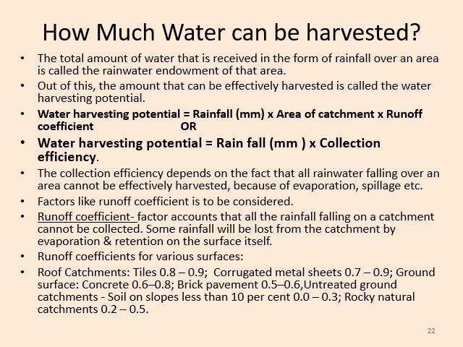For untreated natural ground, soil on slopes less than 10% is 0.3, and for a rocky natural catchment, it will be 0.2 to 0.5. So it depends on whether the land surface is natural ground, paved with concrete, or a roof with tiles or metal sheets.